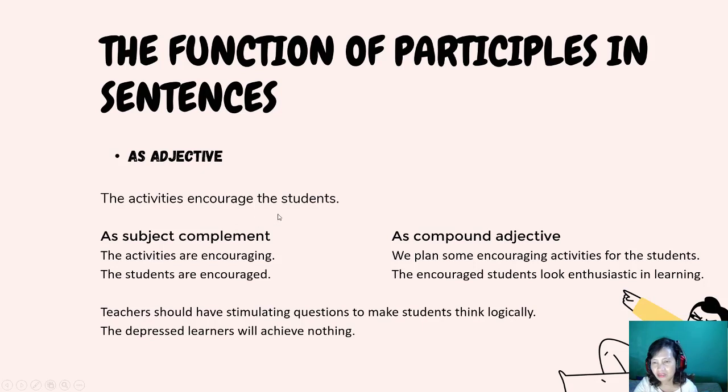And how are the students? The students are encouraged. So this is past participle. The meaning is passive. If you have like this, the students are encouraged to learn by the teacher, then encourage is the verb, because there is by the teacher.